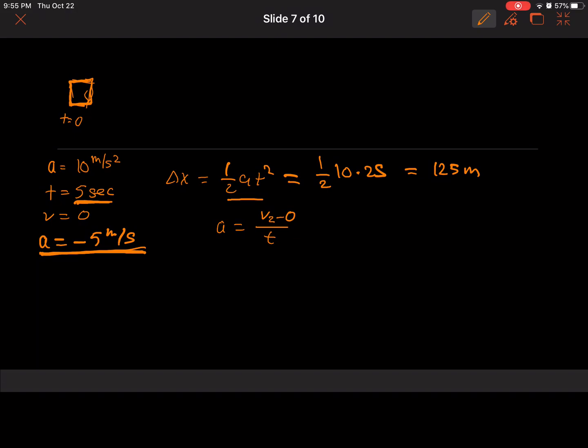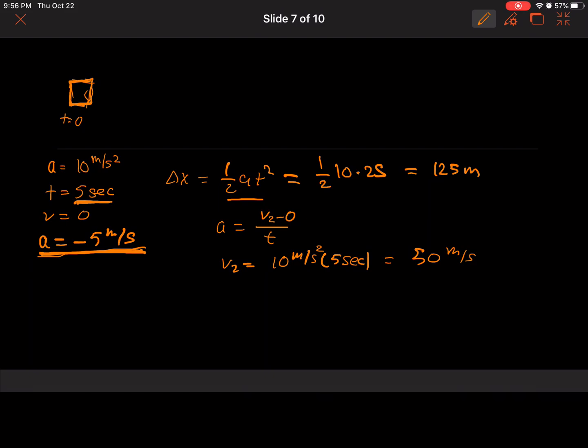So v equals 10 meters per second squared times 5 seconds. So the velocity at the end of 5 seconds, when it's done accelerating, is 50 meters per second. And then it starts deaccelerating at this rate.